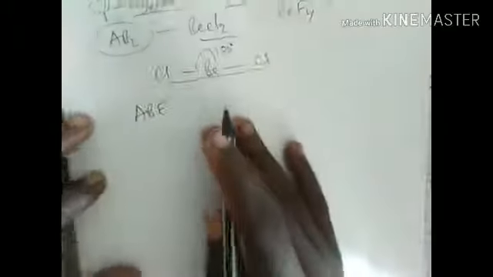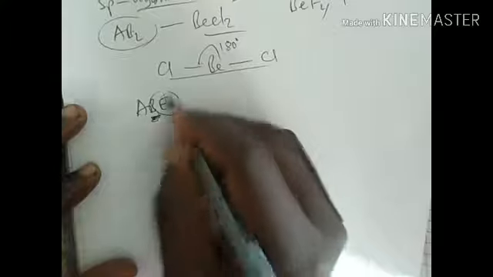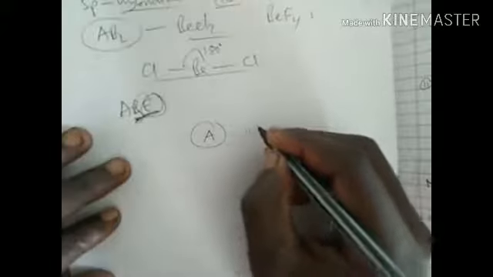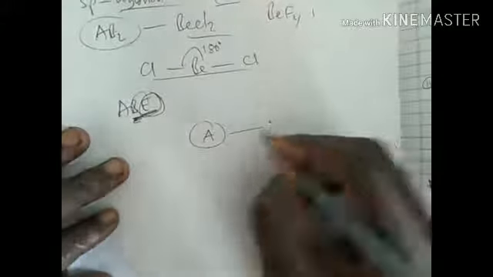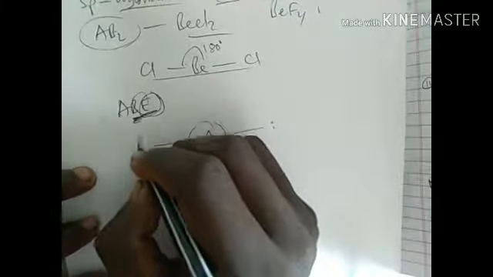Lakini sometimes you may have AB, meaning you have one bonded atom and then you have the lone pair. So for example, here you may have a certain atom A which is the central atom, and maybe you have a lone pair here, and then here the bonded atom B.